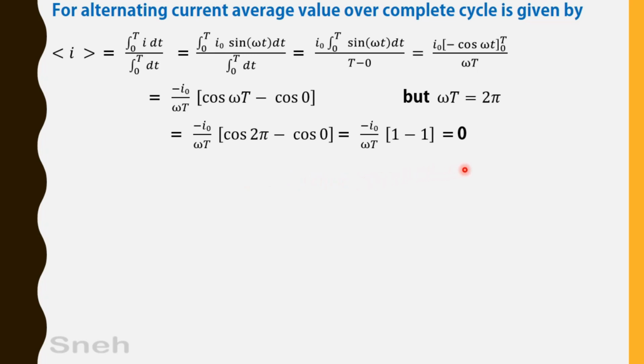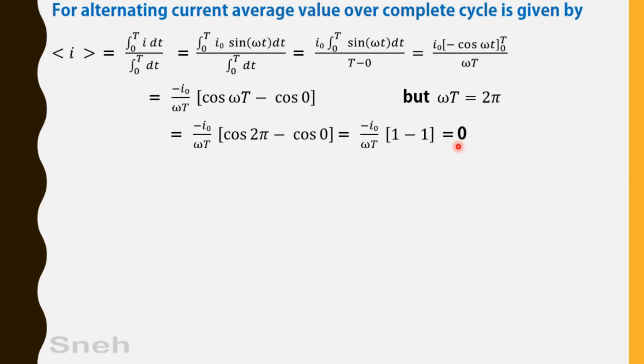It is 0. Now, instead of sin omega t, I can write this equation even as I0 cos omega t. If I substitute I0 cos omega t, I have to find the integration of cos omega t instead of sin omega t, and even if I simplify it, I'll come to the same result, that it is 0.